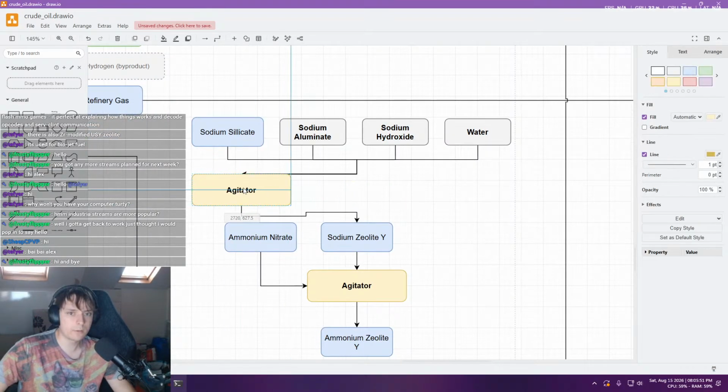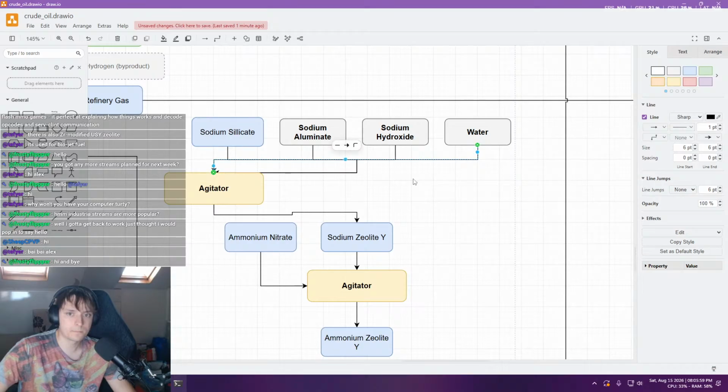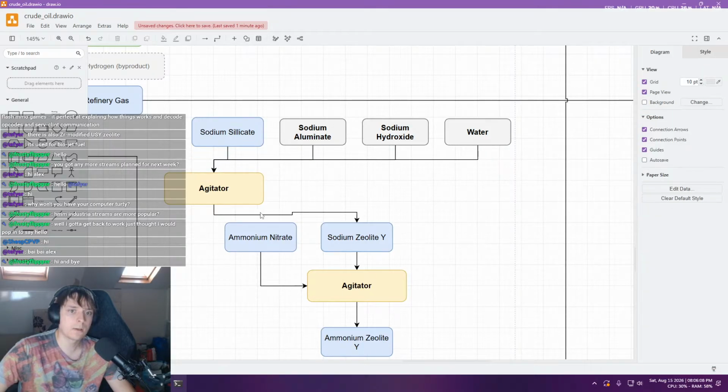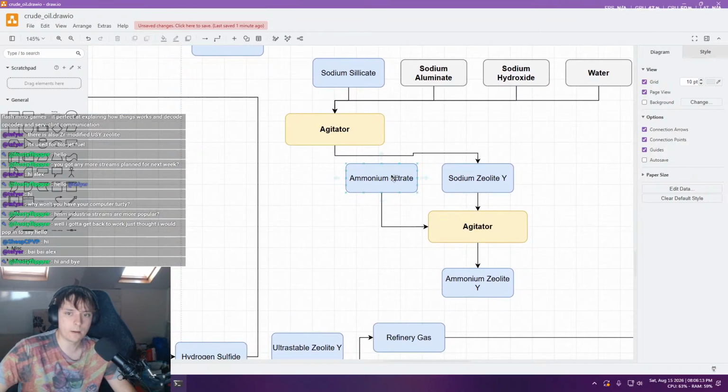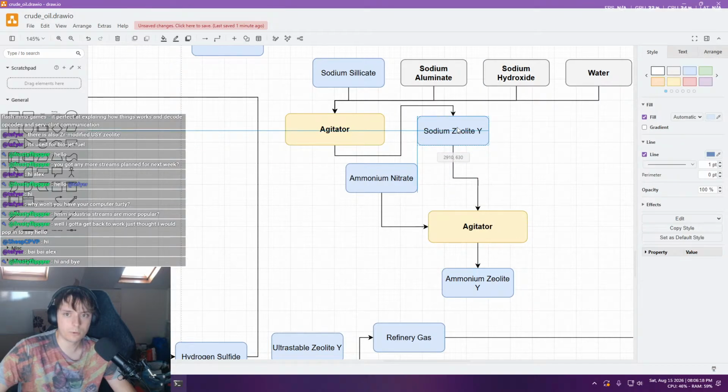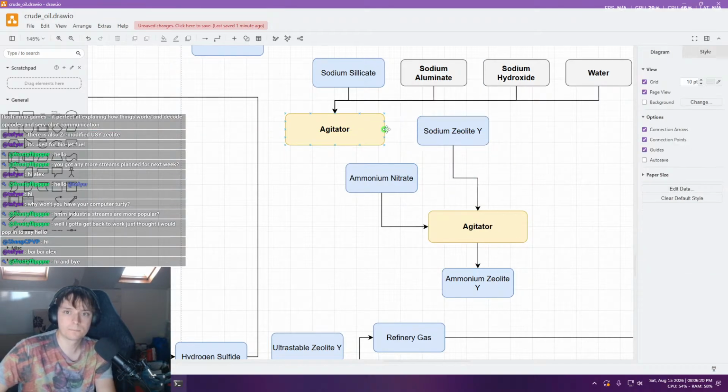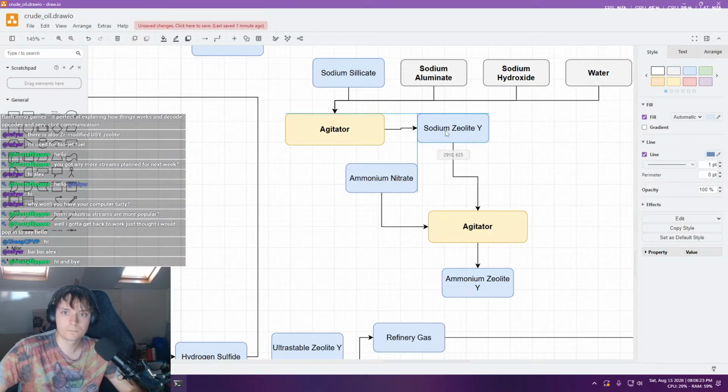I wanna make use of this space more. So I'm gonna do that by just moving all of these across. And the agitator will go there. The agitator will then get us the... So it'll go like there. There we go, like that.